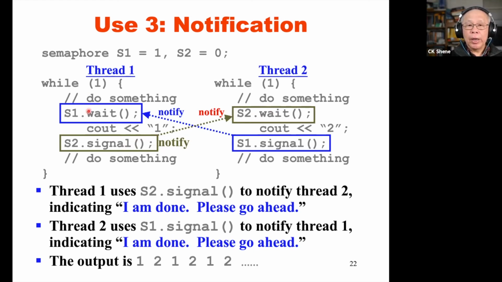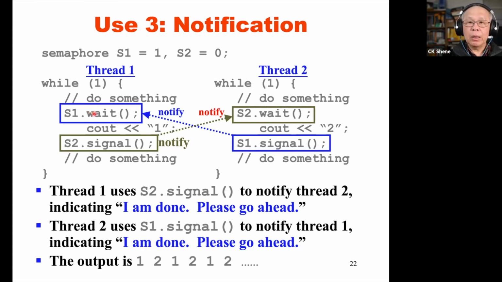Now, look here. When thread 1 executes S1 dot wait successfully, the value of S1 has been reduced to 0. When thread 1 comes back and executes S1 dot wait again, the counter value of S1 is 0, so when thread 1 calls wait, the counter value is reduced to -1.